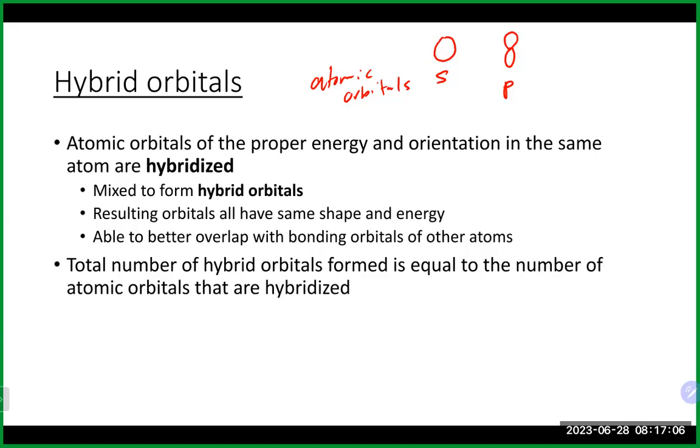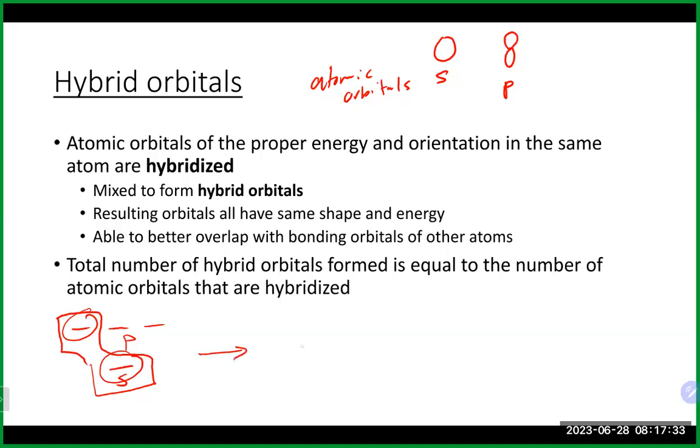Now, the total number of hybrid orbitals formed is equal to the number of atomic orbitals hybridized. So, for example, if we have our s and our p subshell, and we took an s and a p orbital together and hybridized them, we took 1 and 1 atomic orbitals.